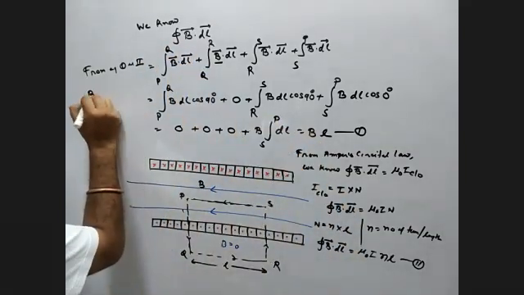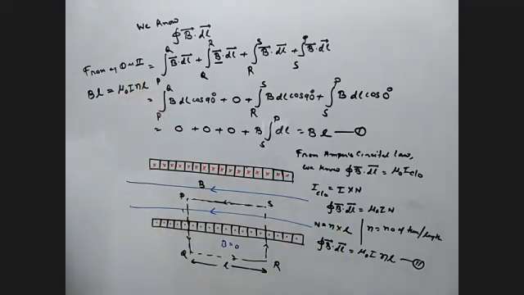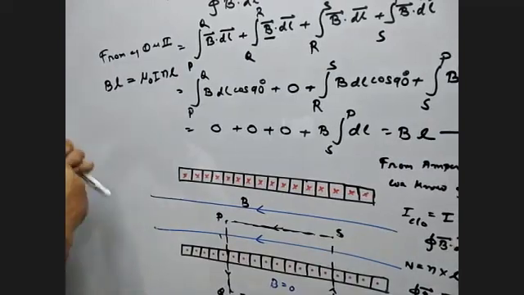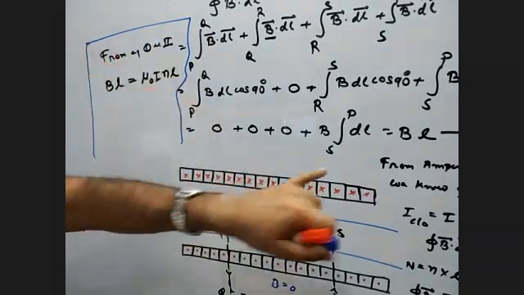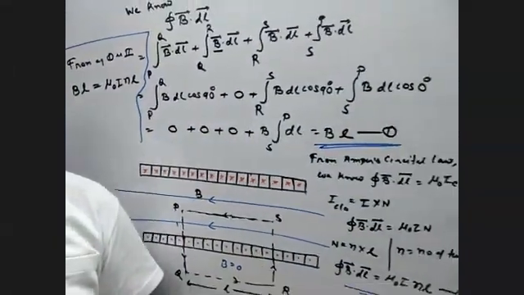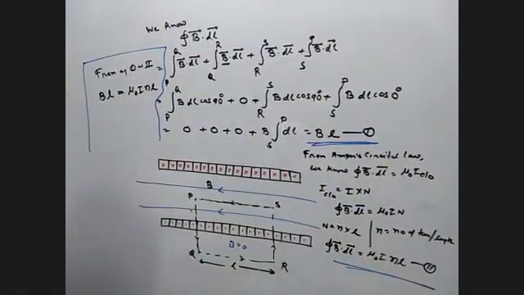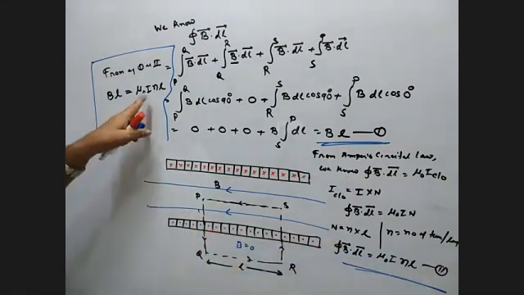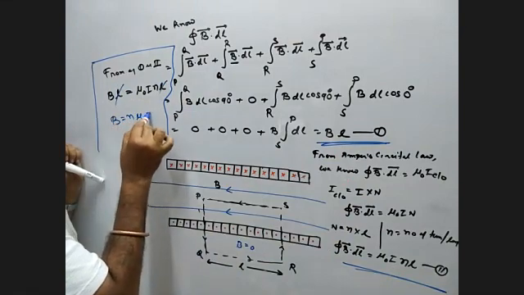So I can write B into L equals mu naught I n L. From equation 1 and 2, I can cancel this L. So my magnetic field is B equals n mu naught I. Proof.